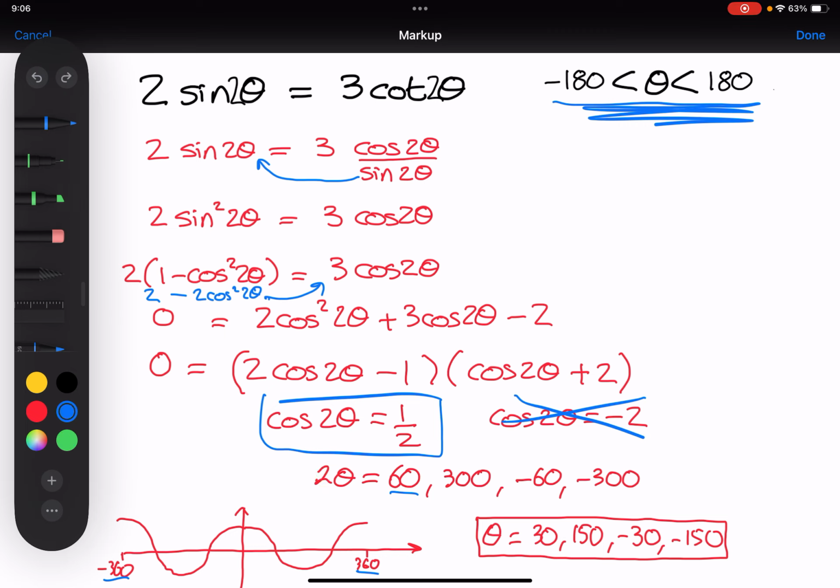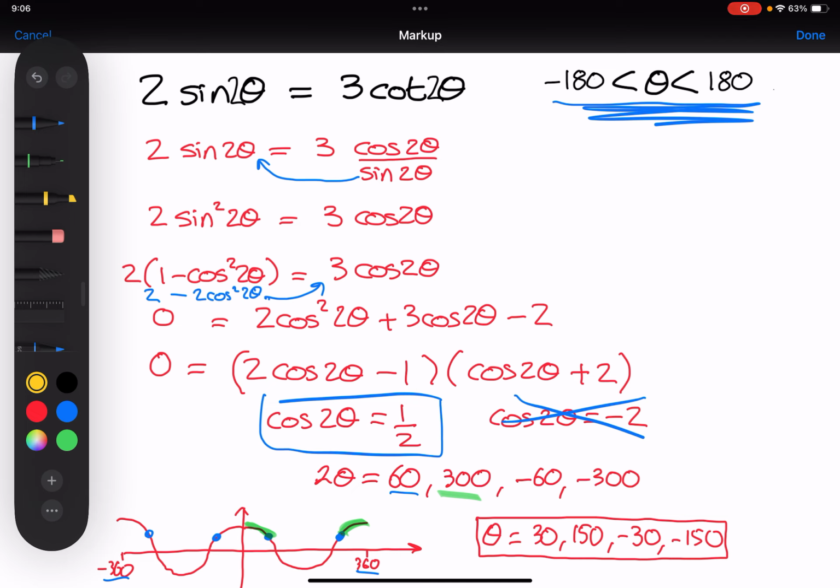So the first answer on my graph was 60 degrees, which is there. There's going to be another solution here, another solution here, another solution here. I know that's 60. So this is going to be 360 minus 60, which is 300.